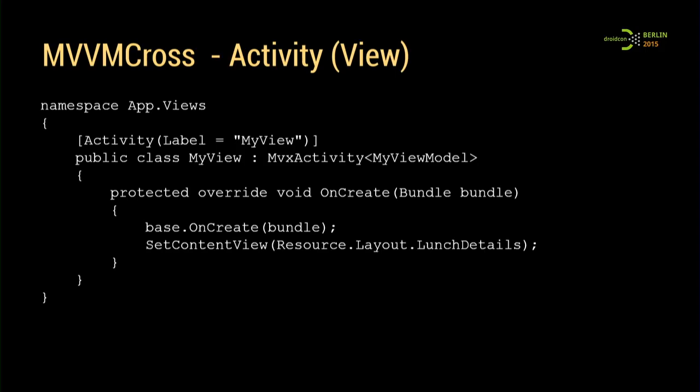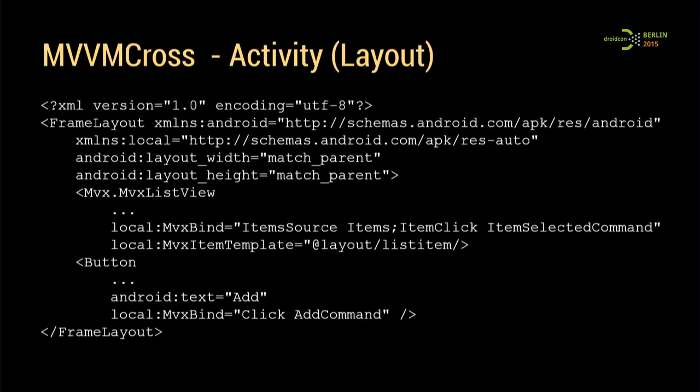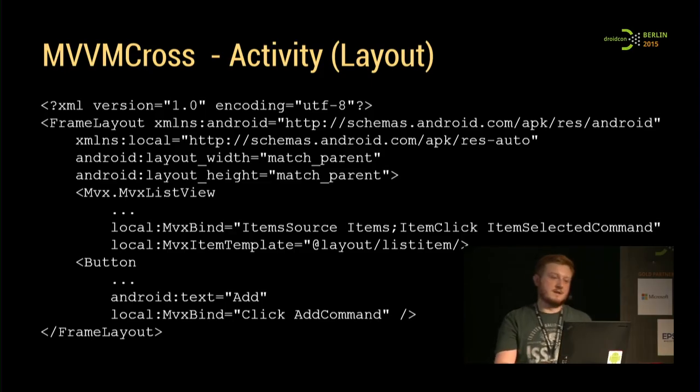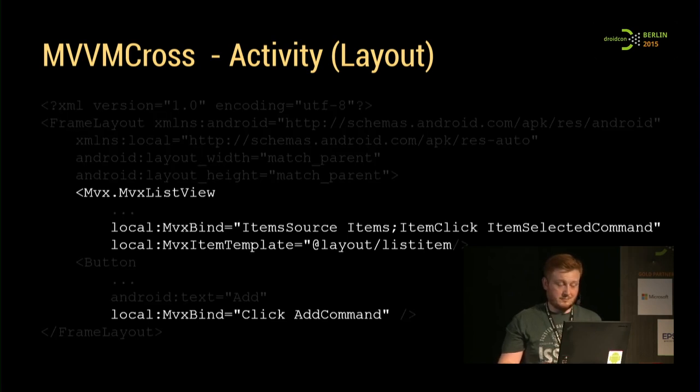We don't have to write anything more in our activity. So let's look at our XML file with the layout. It looks like a mostly normal layout for Android, besides two small differences.